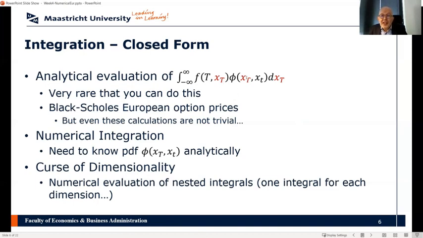Because if you're doing this integral in 2 or 3 dimensions, you basically have to fill either a square of evaluations or a cube of evaluations. So the number of function evaluations explodes very quickly if you have nested integrals in multiple dimensions, because for each dimension, you have to redo your numerical integration.